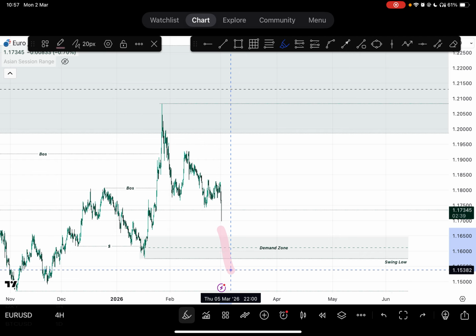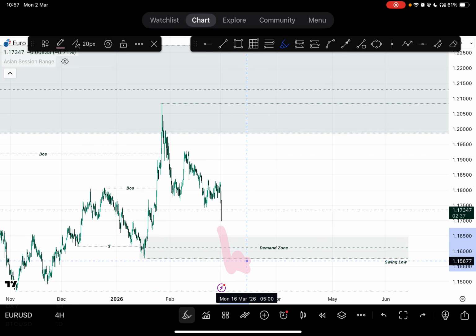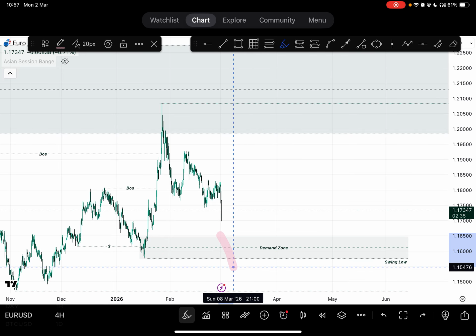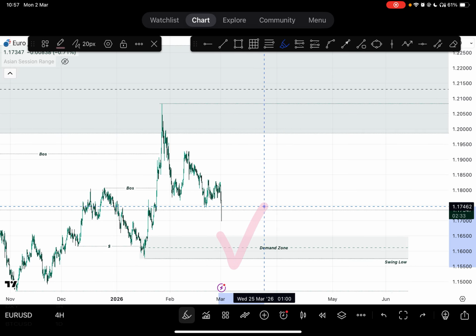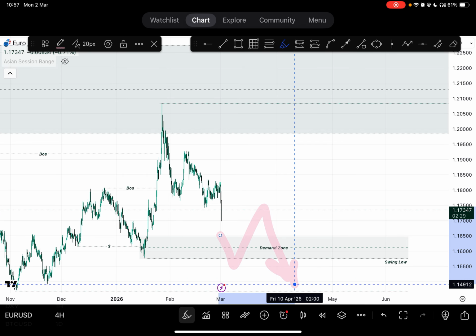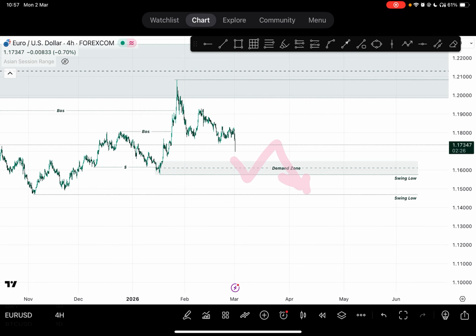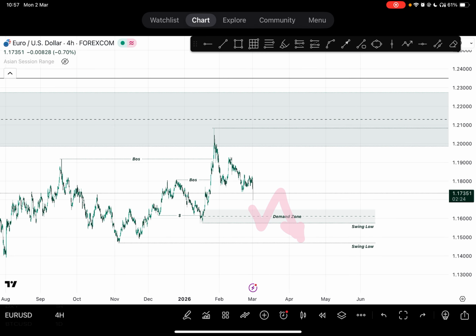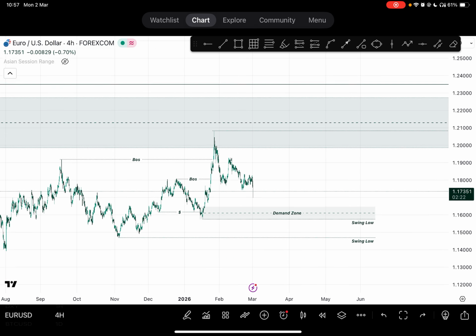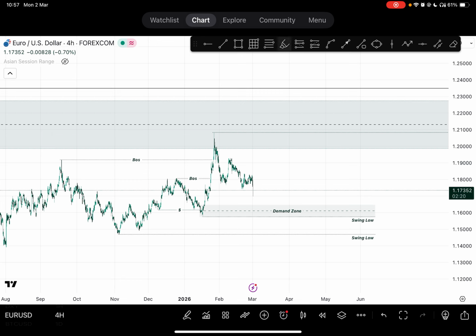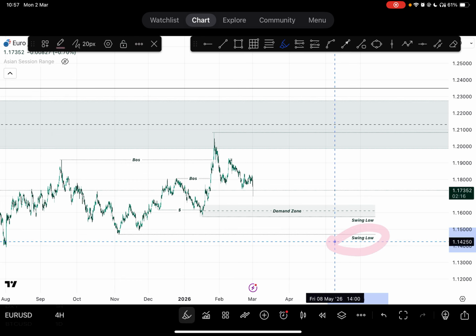But if this demand zone fell, then we could have a little pullback and just have continuous selling to the downside, and that could really cause price to take out this daily swing low, right?